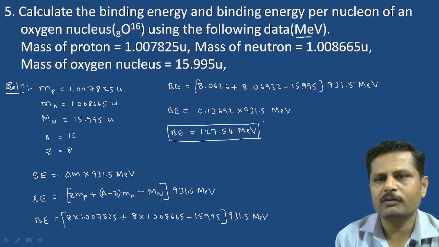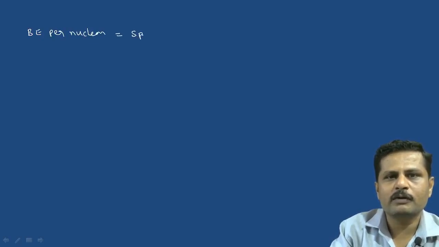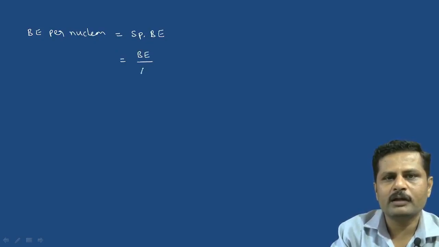Now we need to find one more parameter, that is binding energy per nucleon. Binding energy per nucleon is also called specific binding energy, and this can be written as binding energy divided by mass number.